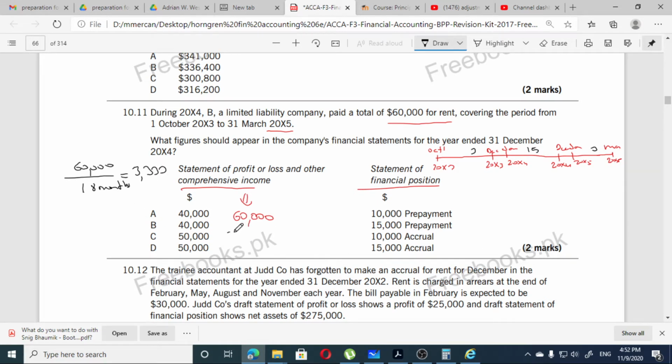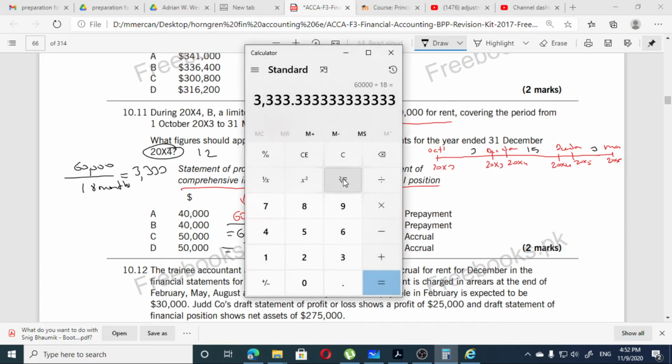In this case, how much rent expense will appear for the year 2004? It means 12 months. So divide this by 18, then multiply by 12. We find 3,333 multiplied by 12, which means $40,000.